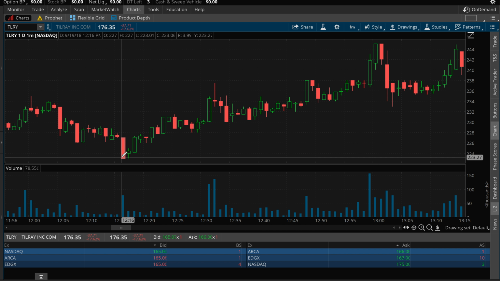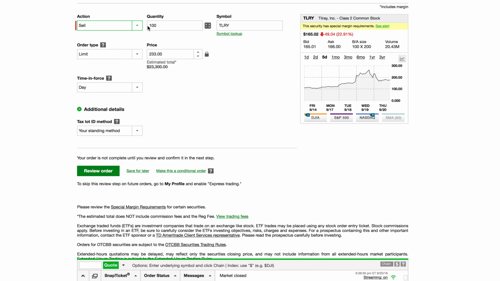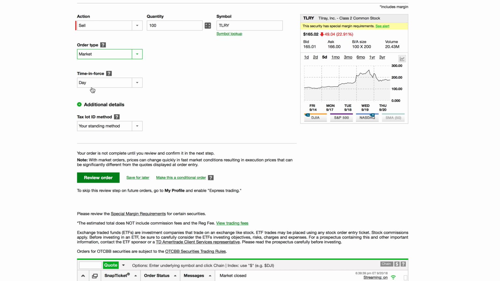The low was 223.01 actually. So let's say you see it down here at 223, and you think, "Oh God, I want to sell. I'm losing money. I don't want to lose any more money." And you put in a market order to sell. So you sell 100 TLRY, market order.